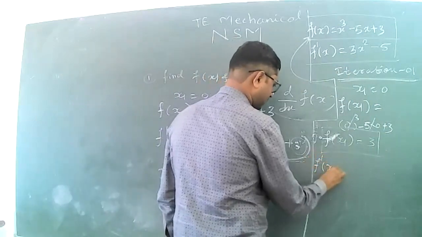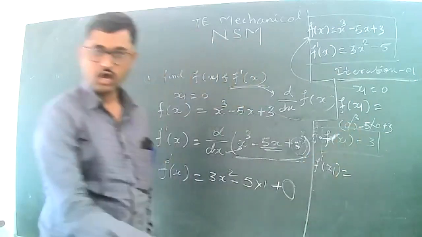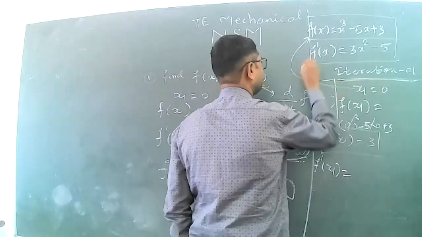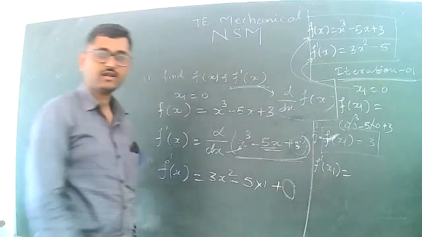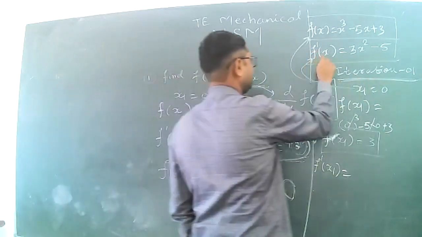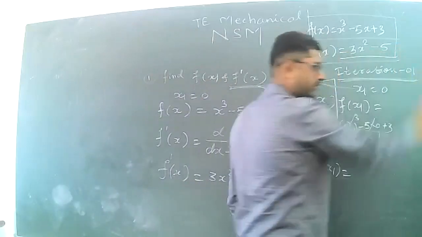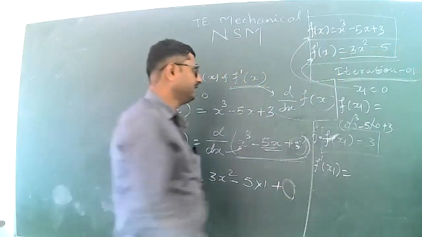Similarly, find f dash of x1. How to find f dash of x1? Put x1 equal to 0 into the second equation, f dash of x, which is 3x square minus 5.